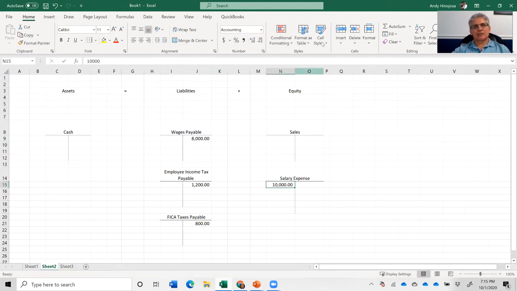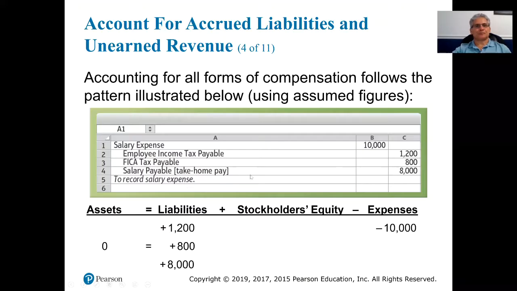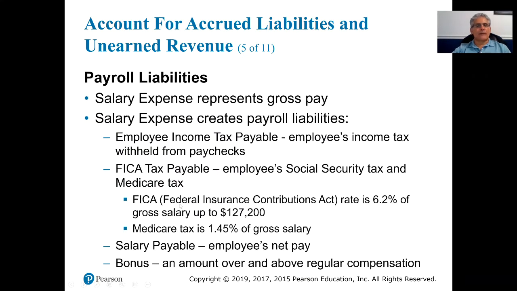So $10,000 reduces equity because we have an expense, and we have an increase of $10,000 in liabilities, broken down into wages payable, employee income tax payable, and FICA tax payable. For FICA, the computation is 6.2 plus 1.45, 7.65% of the total gross wages, and then salaries payable.